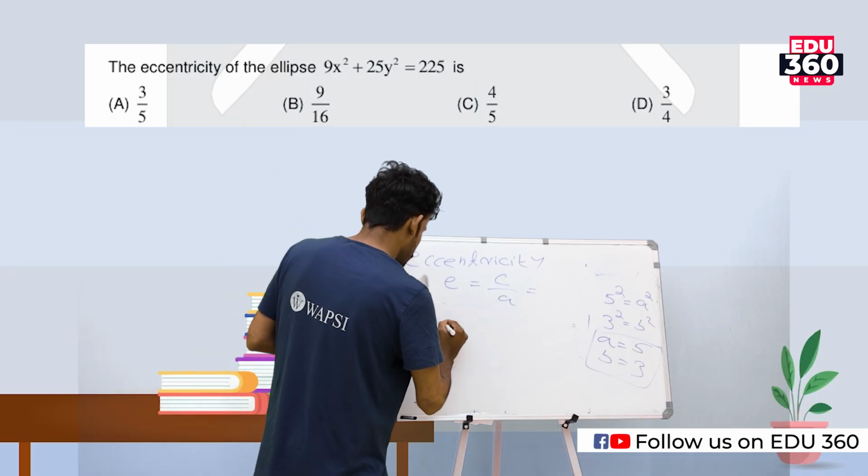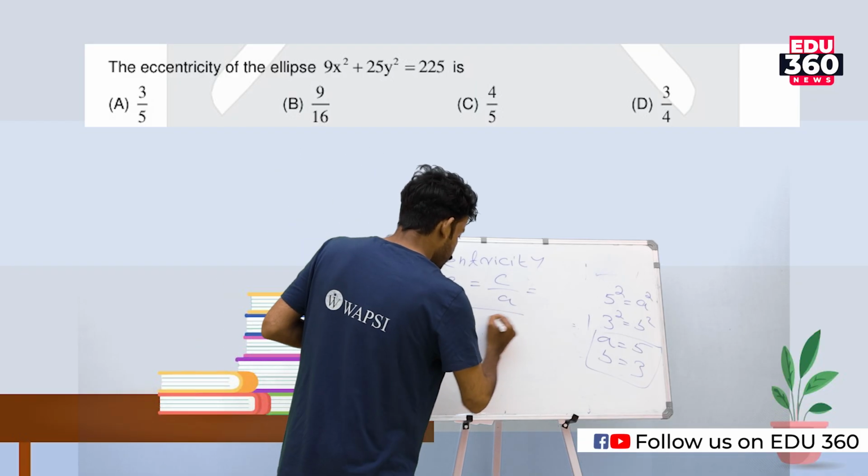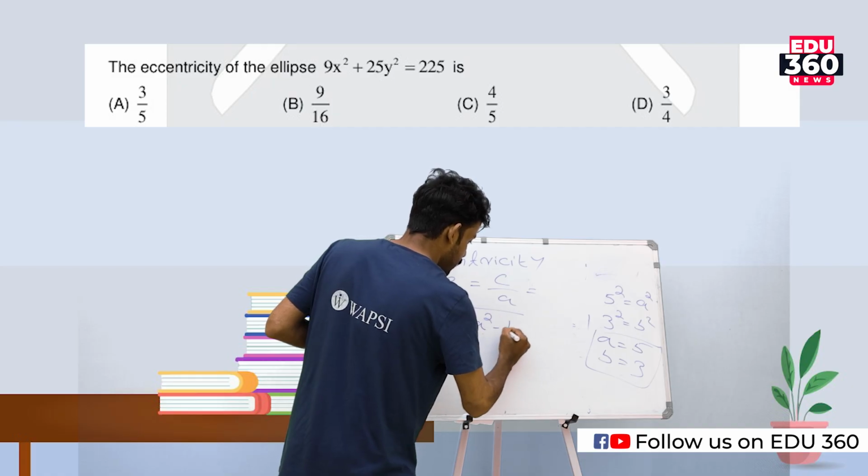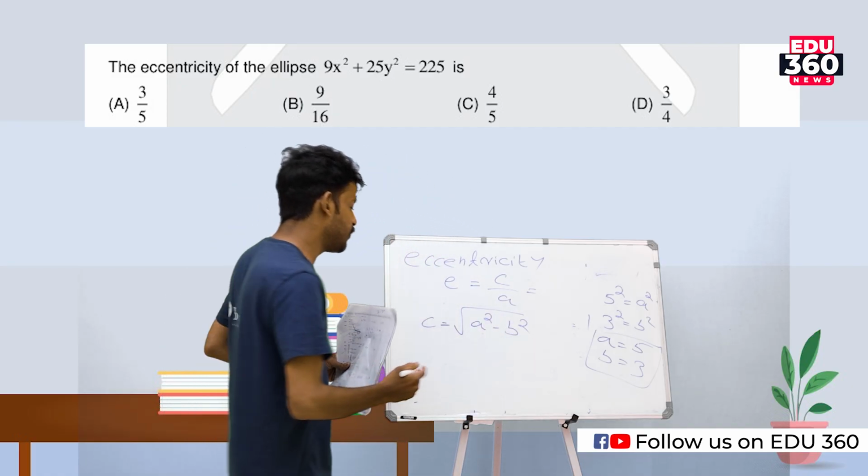C is equal to root of A square minus B square.